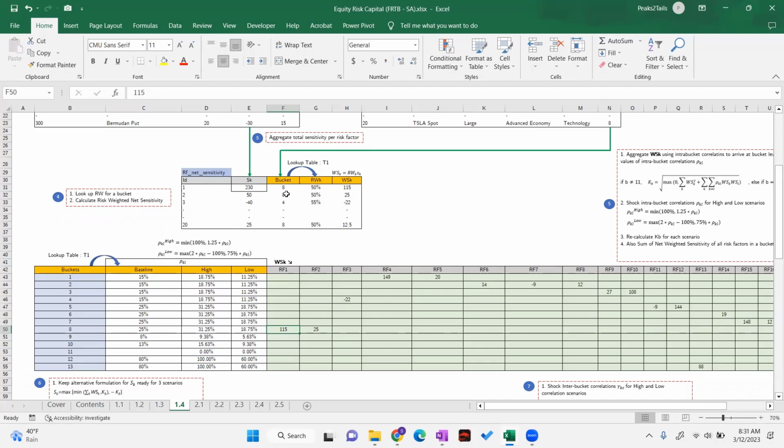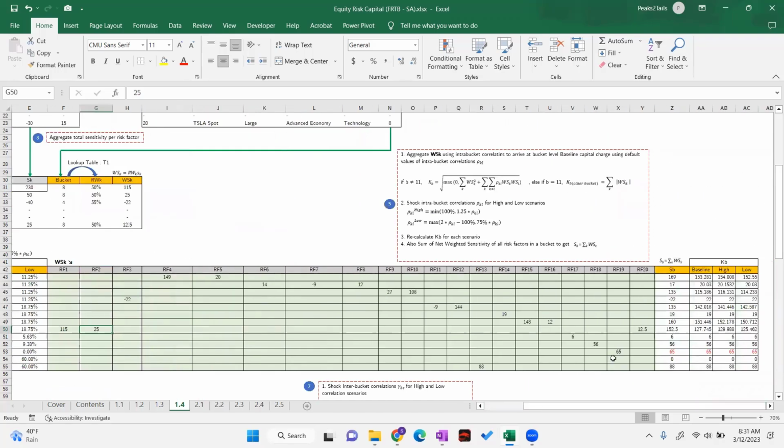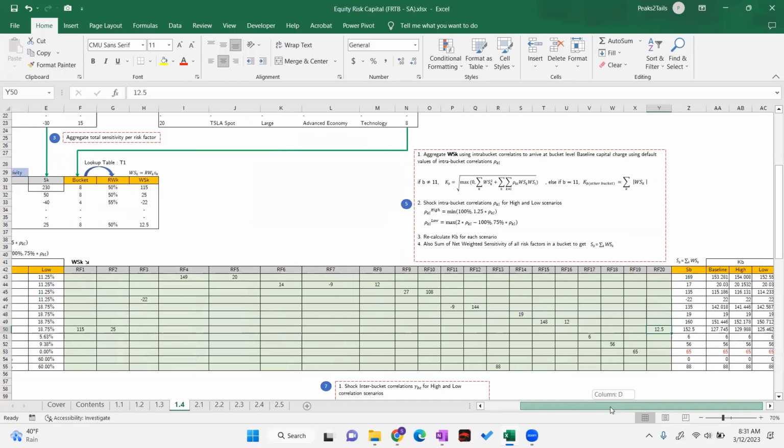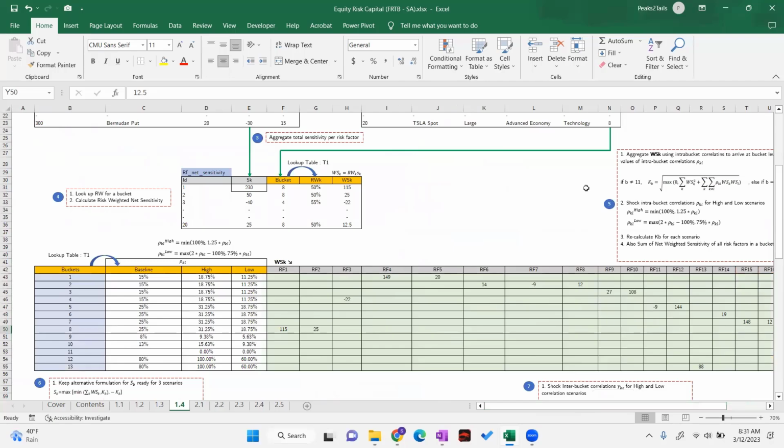Similarly, let's say for bucket 8 we have these three entries only: 115, 25, and the last one has a 12.5 entry here. All right. So this is the table.